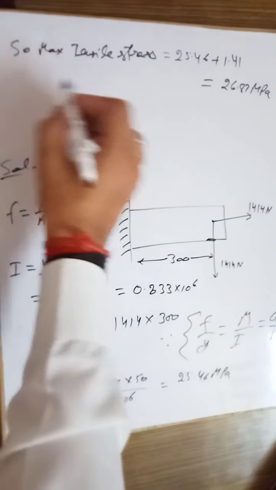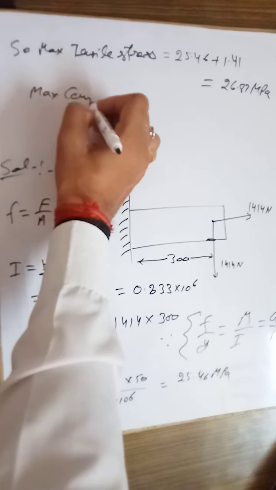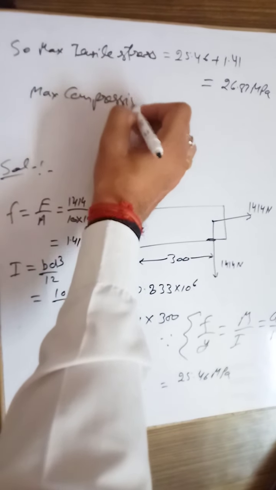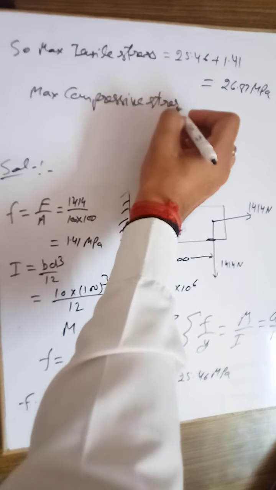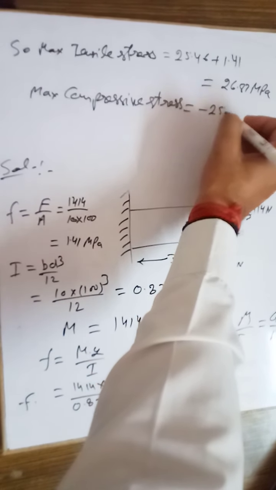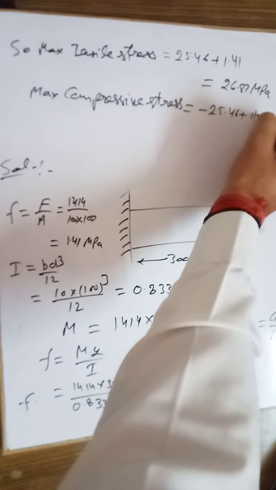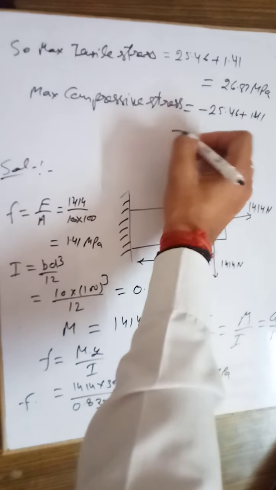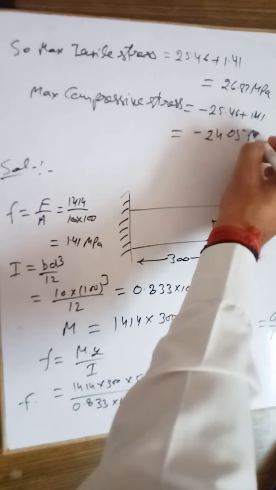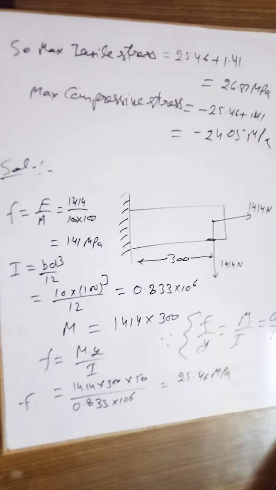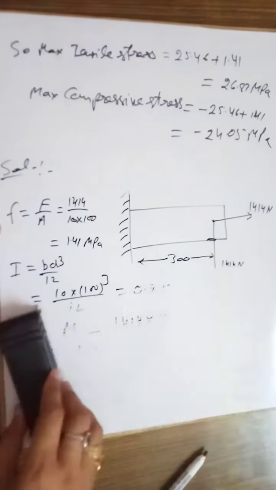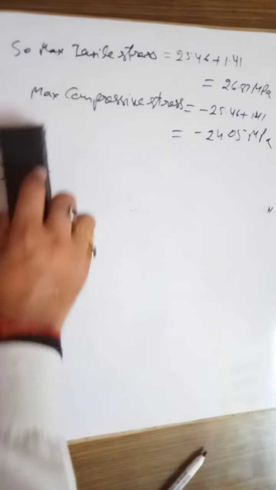Okay, and similarly the maximum compressive stress equals minus 25.46 plus 1.41. So it is minus 24.05 megapascal. So like this we can find out the maximum values of the compressive stress and the tensile stress in this case. So for the next case, that is the combined shear and the tensile stress.